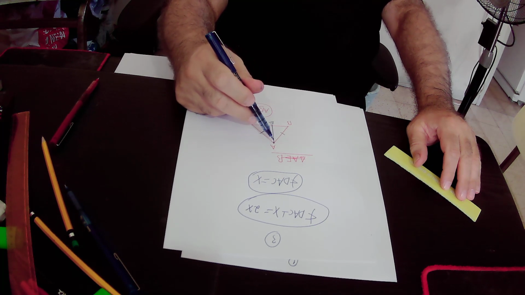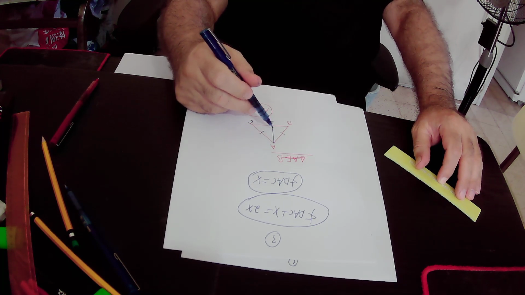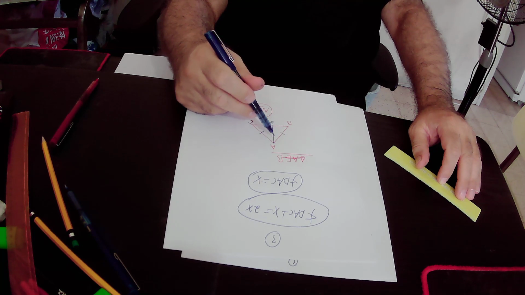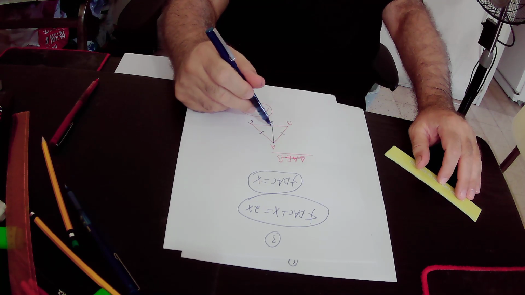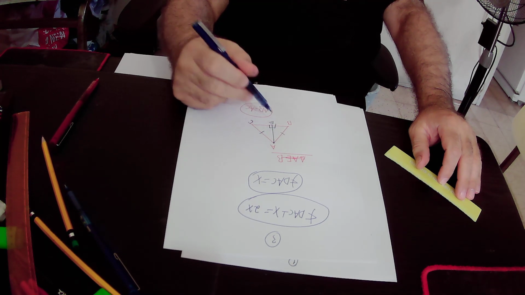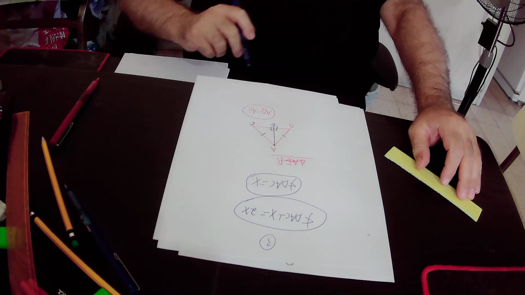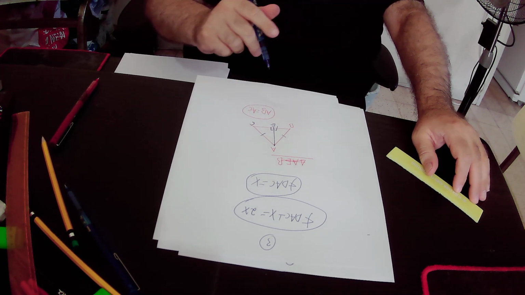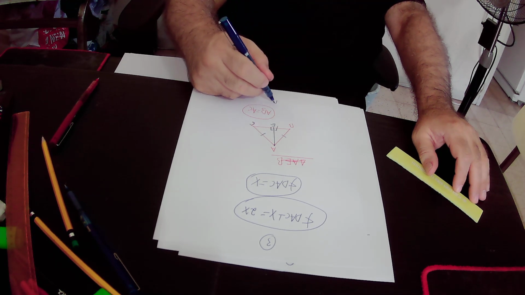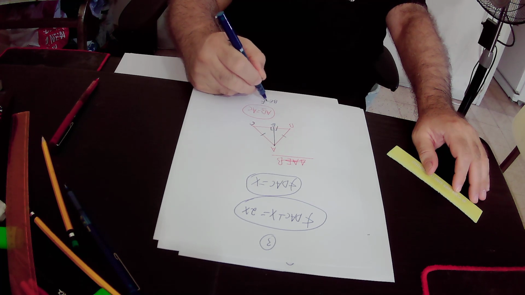If you draw a perpendicular from point A to side BC of the isosceles triangle, this angle is 90 degrees, this angle is 90 degrees, then BE will be equal to EC. Okay, BE will be equal to EC.